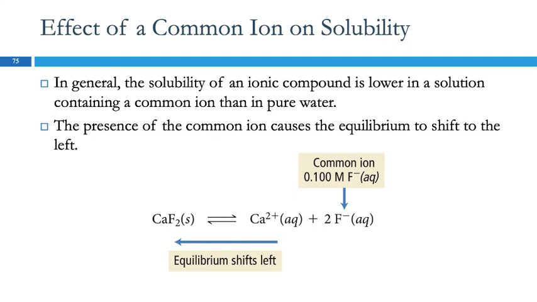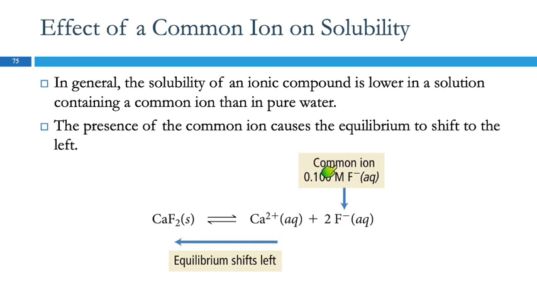So we talked about the common ion effect when we talked about Le Chatelier's principle. In general, the solubility of an ionic compound will be lower in a solution containing a common ion than in pure water. So here we're dissolving calcium fluoride, and if the initial concentration here was 0, then we can predict what's going to happen by looking at the KSP.